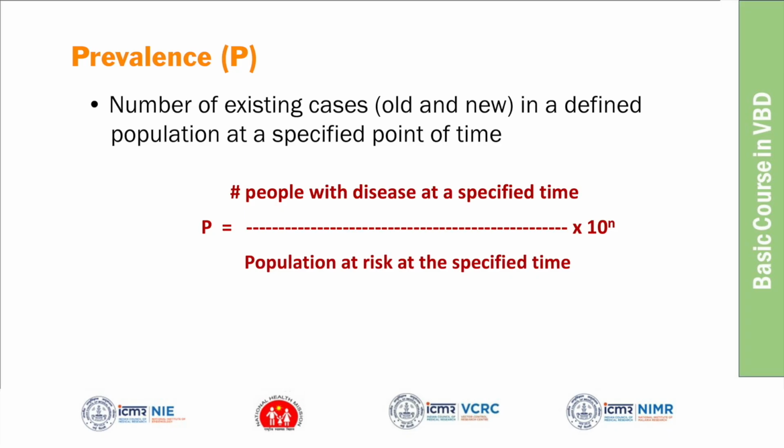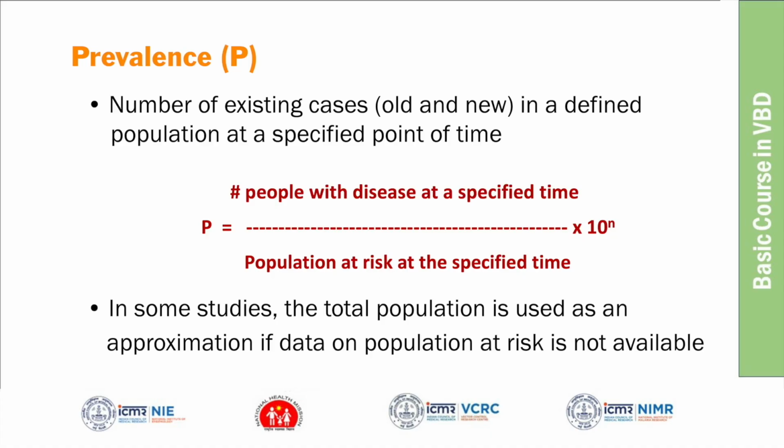Everybody in the adult population is at risk for hypertension. So in some studies, we consider the total adult population as an approximation if exact data about the population at risk is not available. The take-home message from this slide is, whenever we are talking about prevalence, we are talking about the number of observed or existing cases at a given time point.